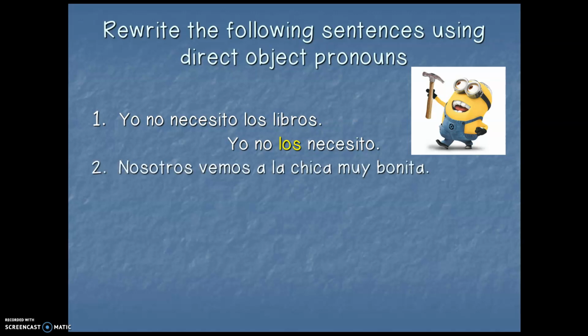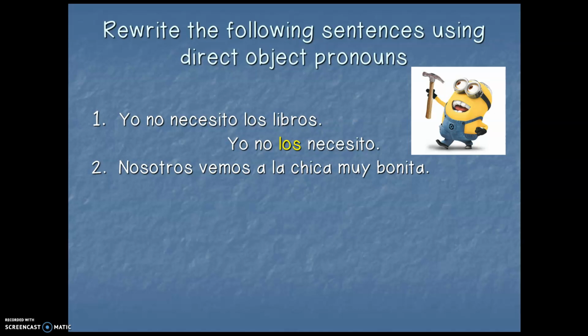Número 2. Nosotros vemos a la chica muy bonita. Who is it that we are seeing in this sentence? We are seeing la chica. Which of our pronouns would we replace la chica muy bonita with?